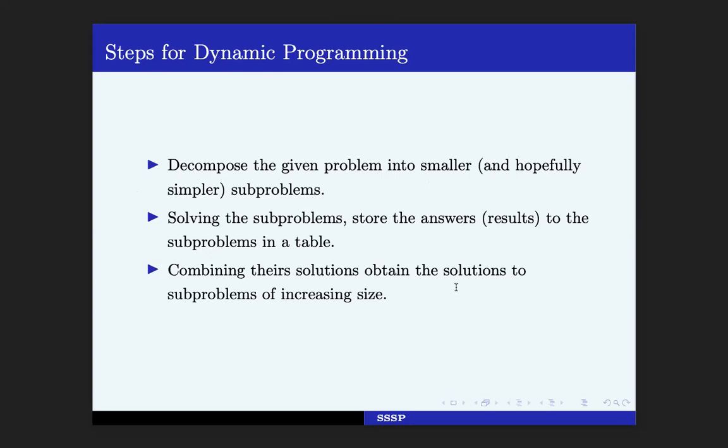Take the bigger problem, break it down into smaller, simple sub-problems. Now, not only solve those sub-problems, but also store the answers in a table, so that when that sub-problem is required in another path of the computation tree, it can be reused.